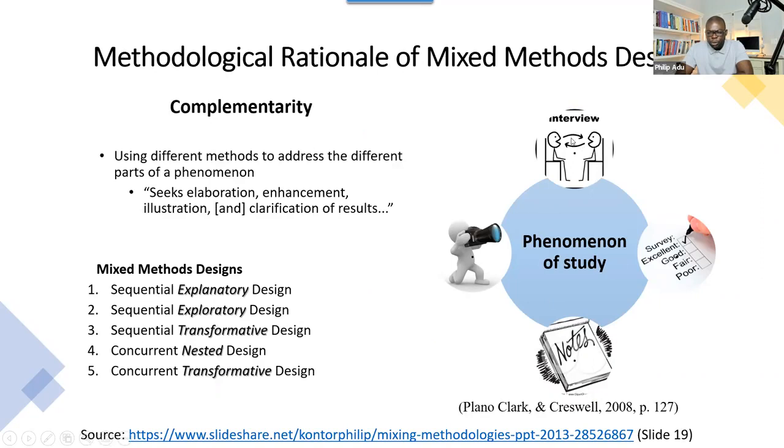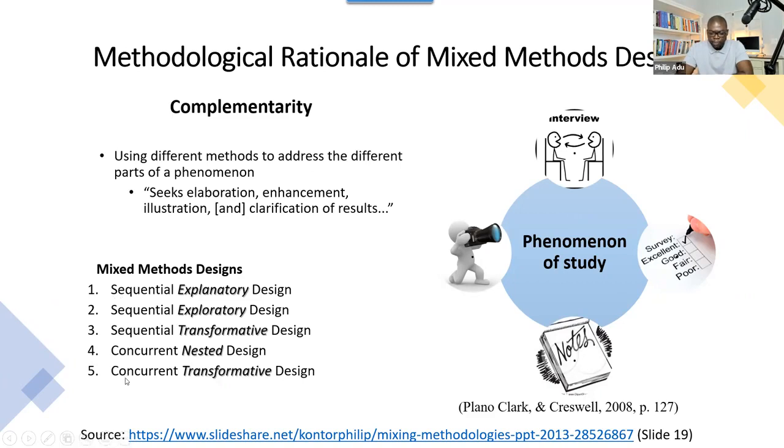So you use interviews to address part of the phenomenon. You can do a survey to also address another part of this phenomenon. You can use complementarity as a way of defending your design if you are using any of these designs that we have here.